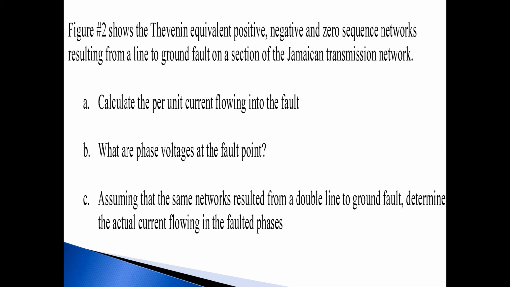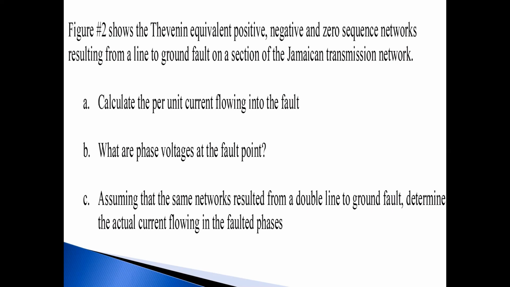I suppose you appreciate by now that I don't ease you into anything. I just go for the jugular right up front. So I want to find the per unit current flowing into the fault.